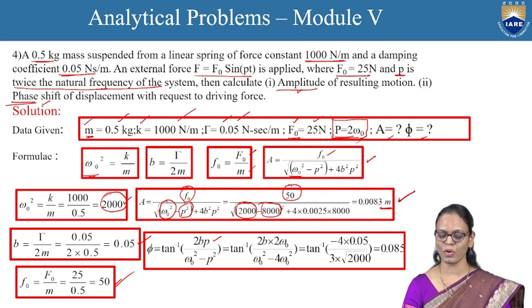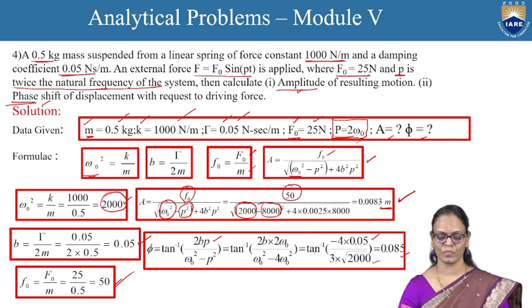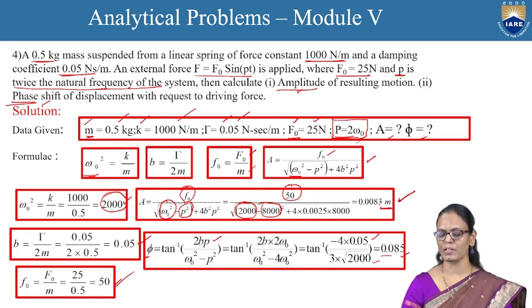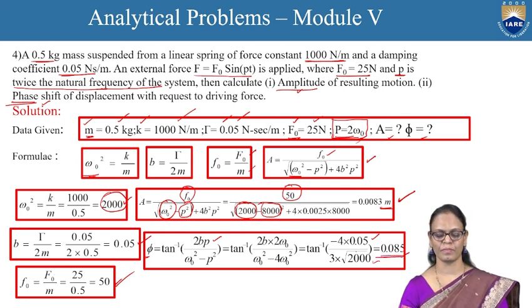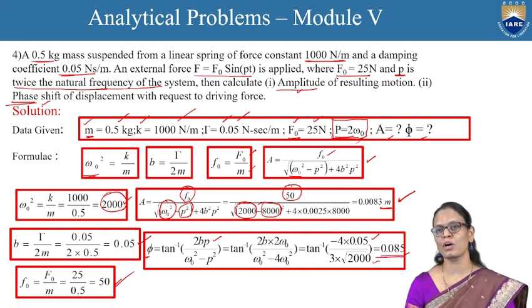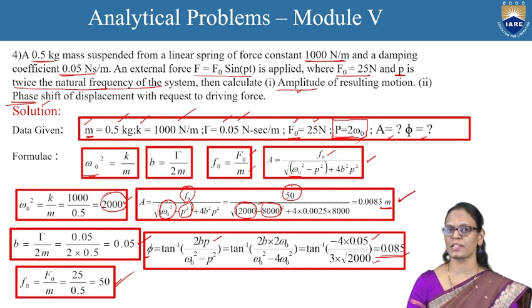So it will be 4B omega naught, so we have 4 into 0.05 upon omega naught square minus 4 omega naught square, which will be minus 3 omega naught square. Anyhow, we have the value of omega naught square, so write the value and get the answer. So phi is equal to 0.085. With this, we will stop and we'll continue our discussion in the next class.